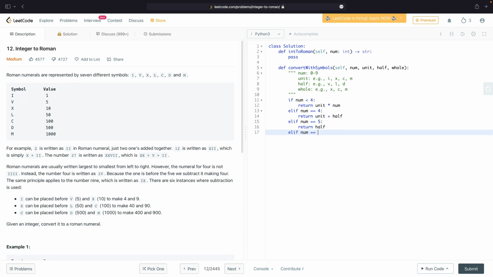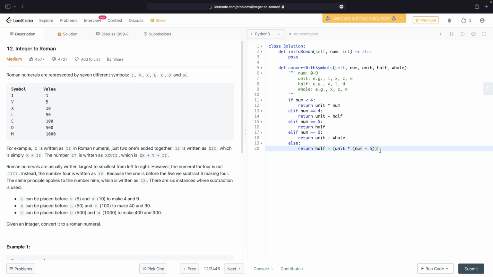Num equals 9, return unit plus whole, else return half plus unit times num minus 5.